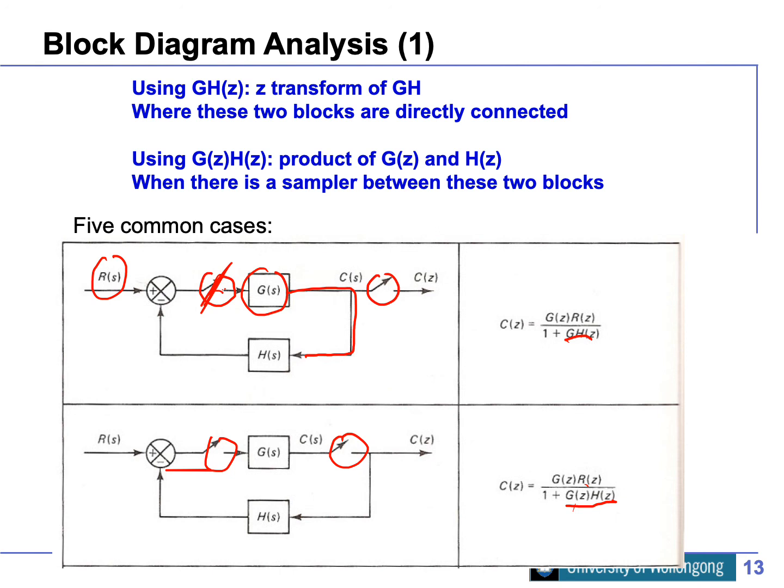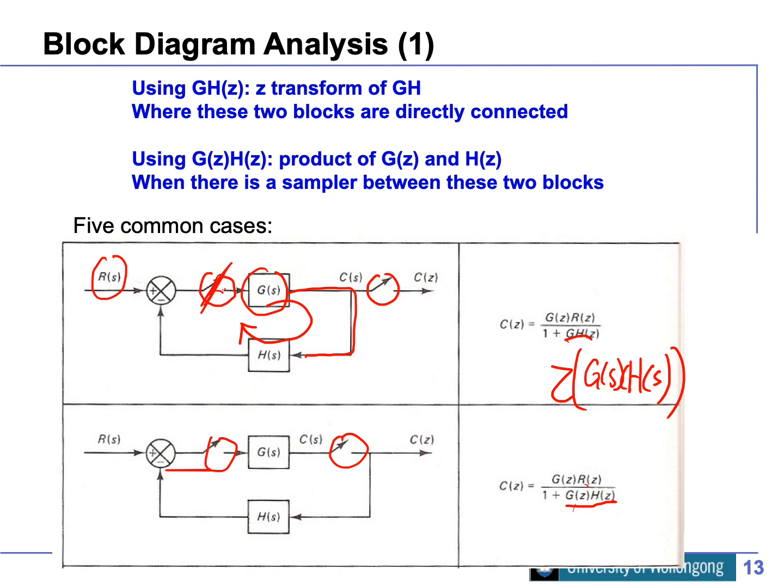And at the bottom is 1 plus closed loop. So 1 plus closed loop is the loop here. In this case, G and H are connected, so you get GH(z). This means you multiply G(s) with H(s), then you do a Z transform for the whole thing.